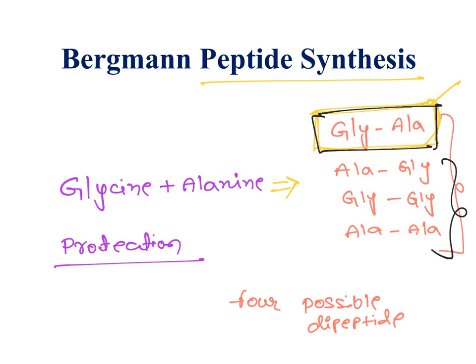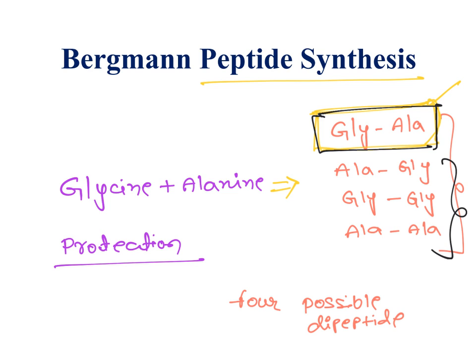After completion of the peptide synthesis, we have to deprotect. That is the logic we are applying in the synthesis of a dipeptide. You can take any peptide, but I am limiting myself to a dipeptide, the glycine alanine dipeptide, to show how we can synthesize it in the Bergmann peptide synthesis using the protection and deprotection concept.